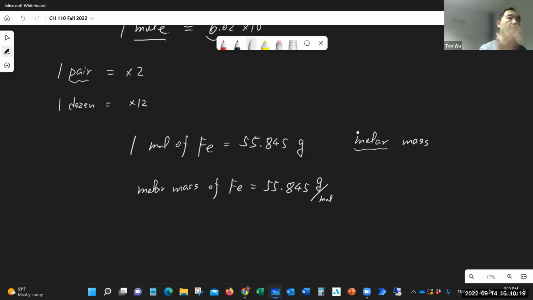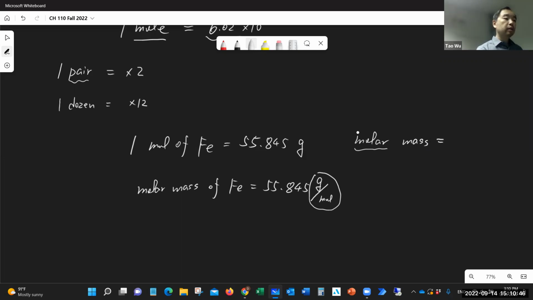Okay, the slash in English we call per, but in math we call this the division sign. So generally the molar mass is gram per 1 mole. That is a combined unit, gram divided by mole. That is the definition of the molar mass.